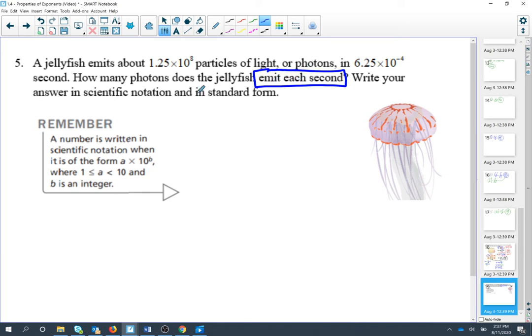So he's emitting photons per second, kind of like driving a car, miles per hour, meters per minute, gallons per whatever. When you see that, this is telling you, if I want photons per second, you want to divide. So these are your photons, these are your seconds. We're going to do photons per second.